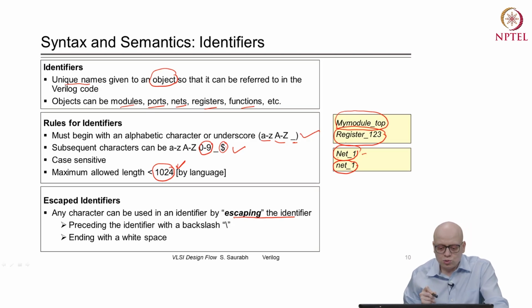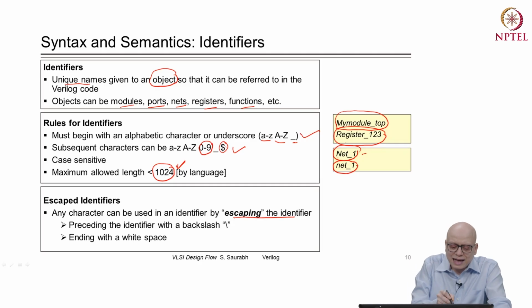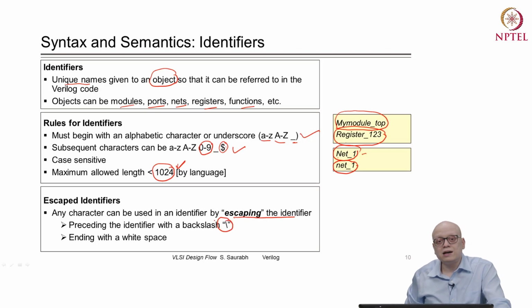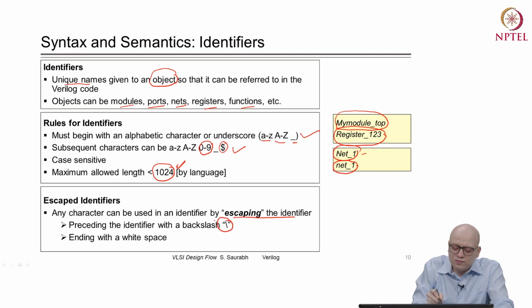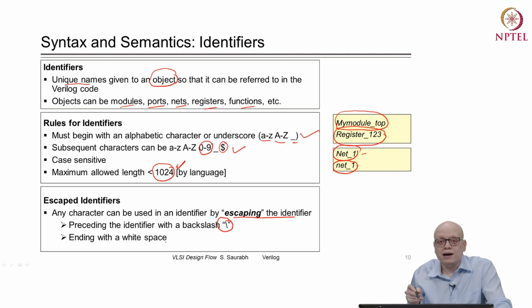If we want to use special characters in our identifier, we have to start it with a backslash and end with white space, meaning a space, tab or something like that. These are known as escaped identifiers.